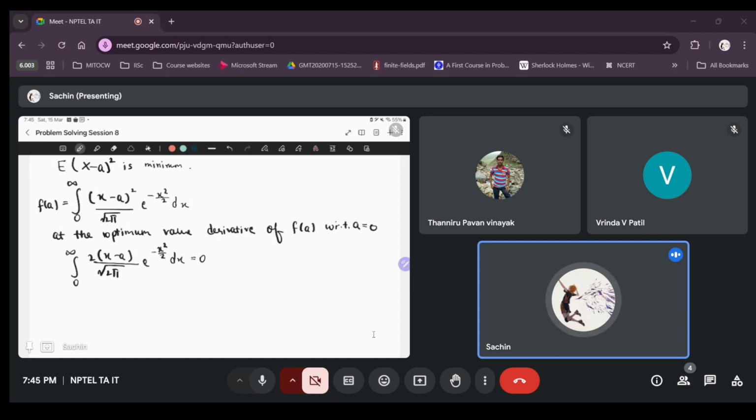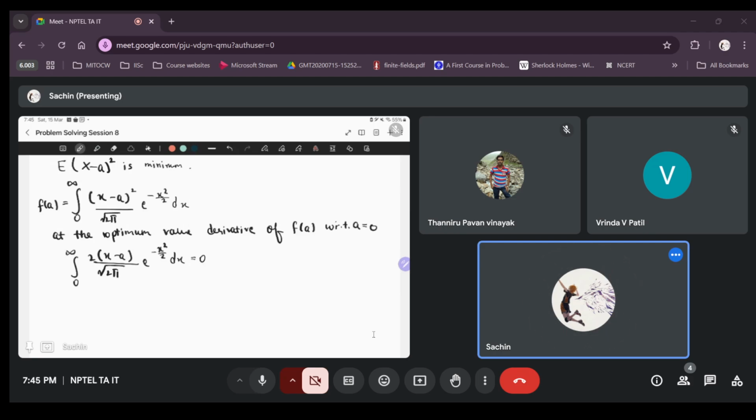You can take the square root of 2 pi away since this is 0.